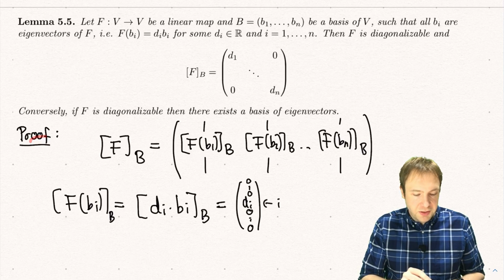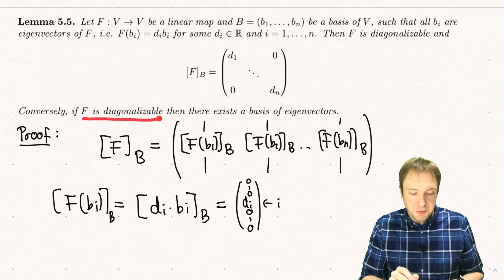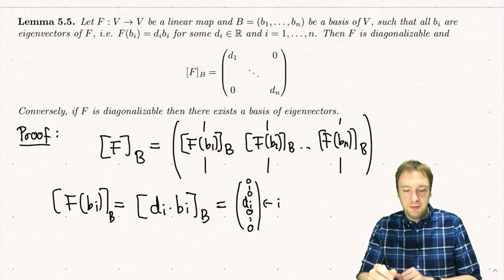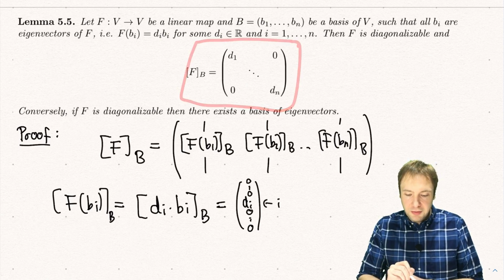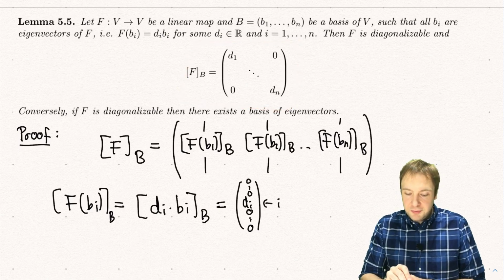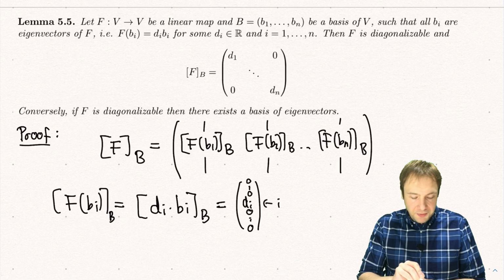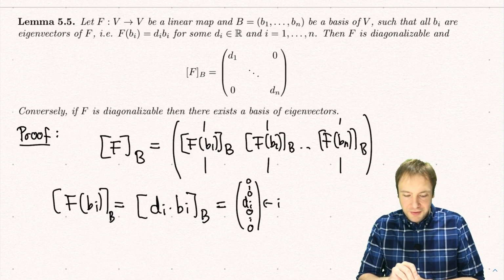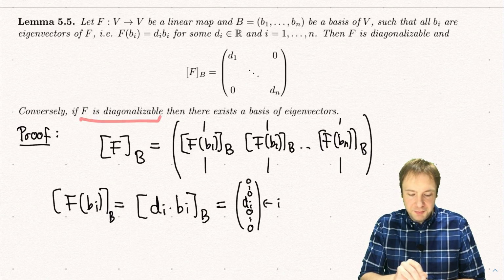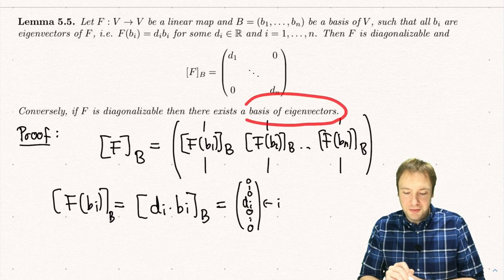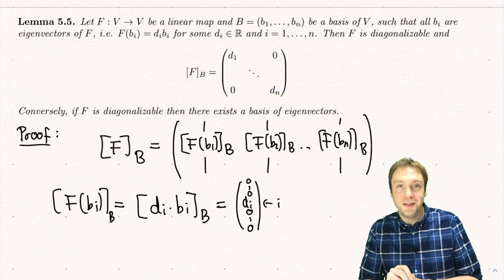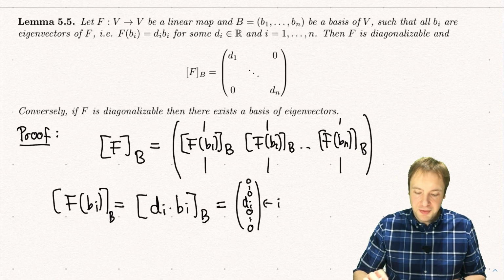But also the other direction: if F is diagonalizable, this means there exists a basis such that the matrix looks like this. But then this basis is exactly given by a basis of eigenvectors.